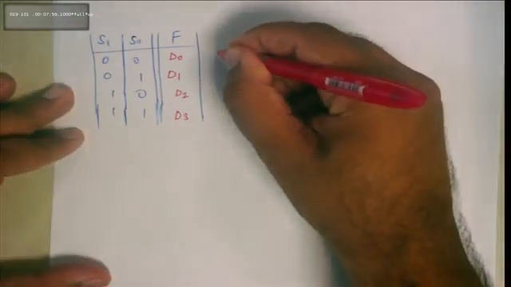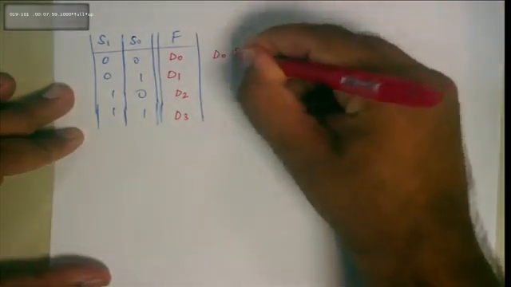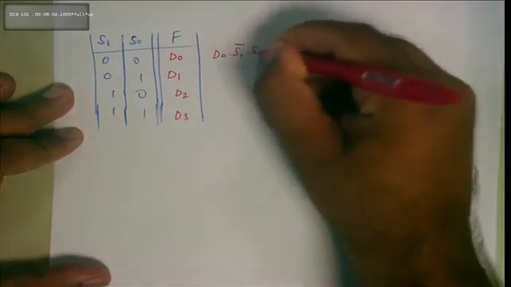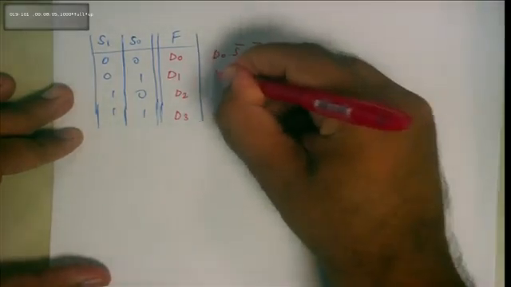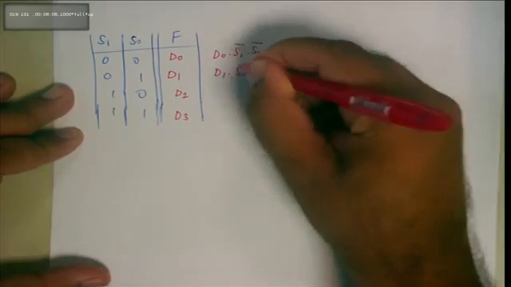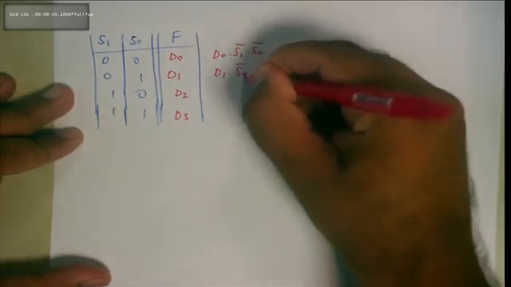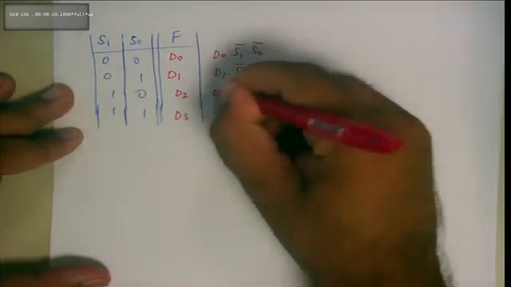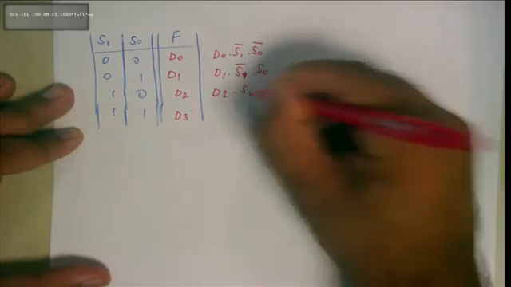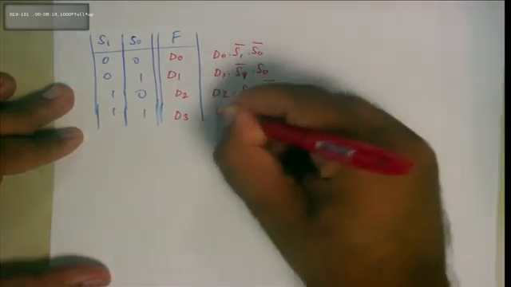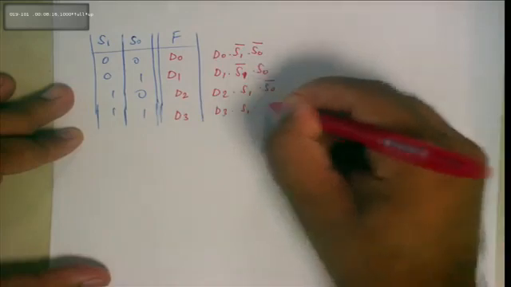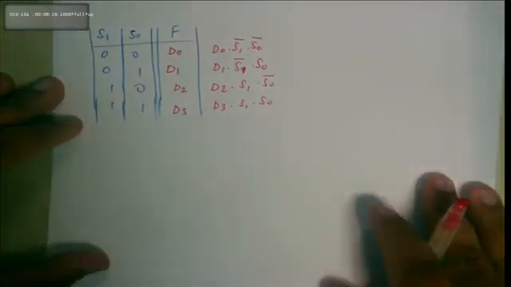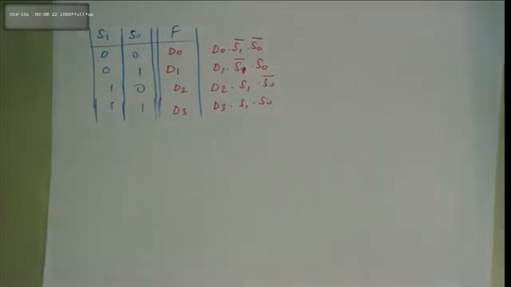Now once you do this, then we can say that for this line here, F will equal D0 S1 bar S0 bar; D1 S1 bar S0; D2 S1 S0 bar; D3 S1 S0. There we go. All right?